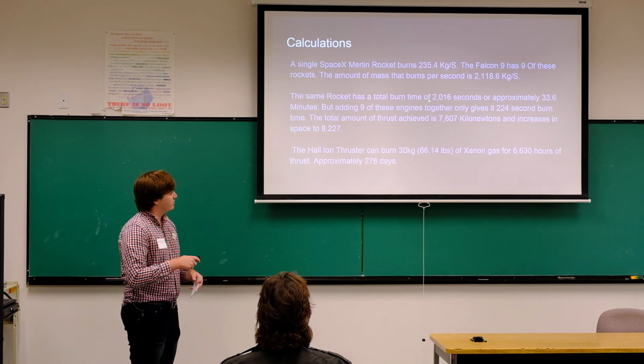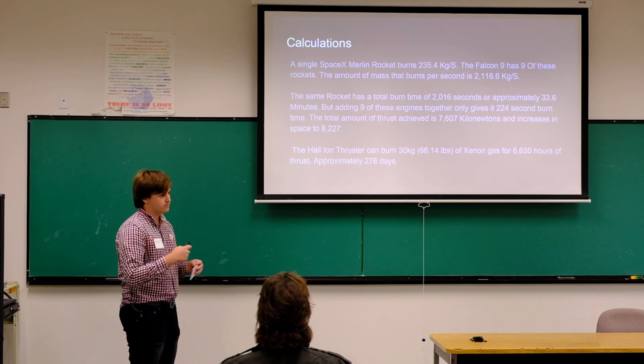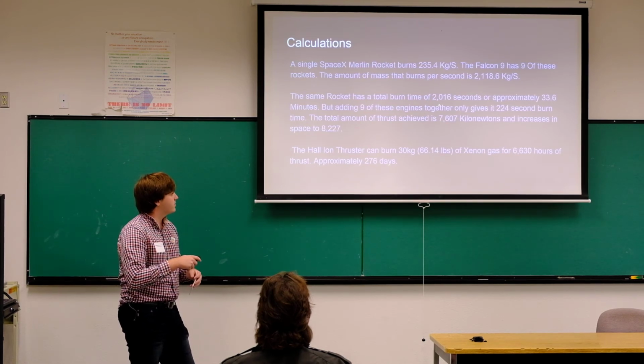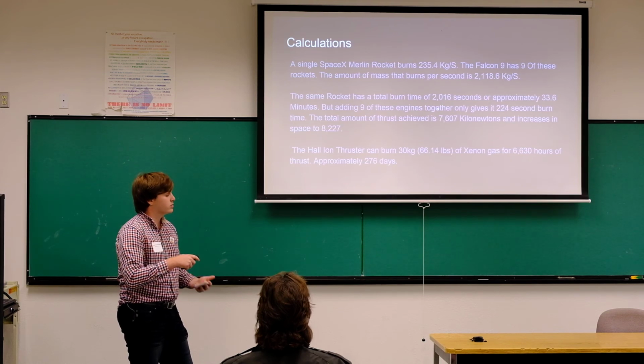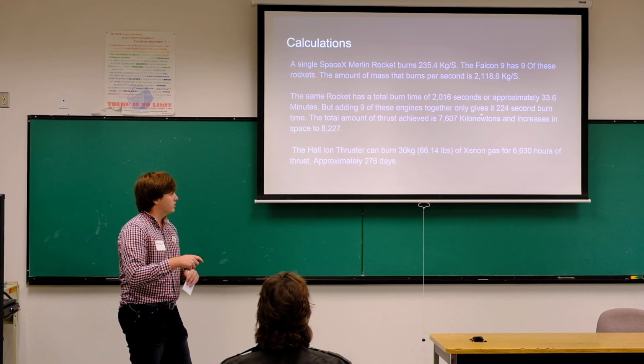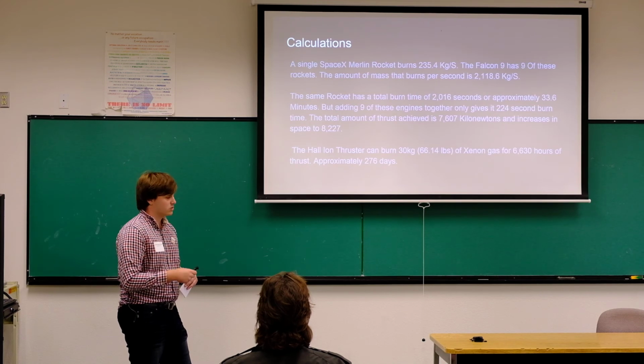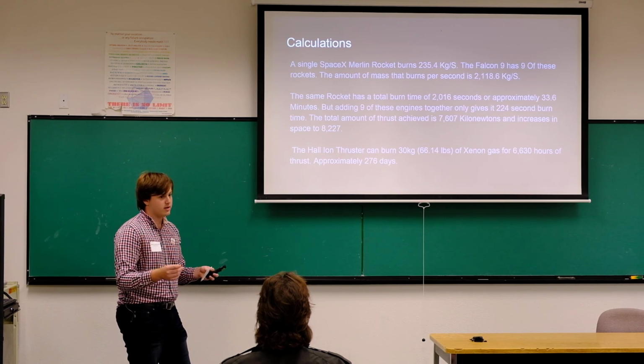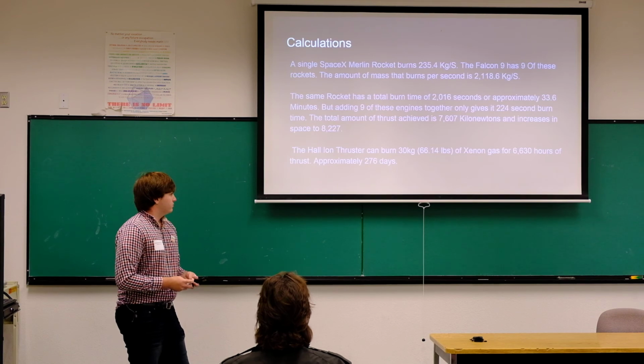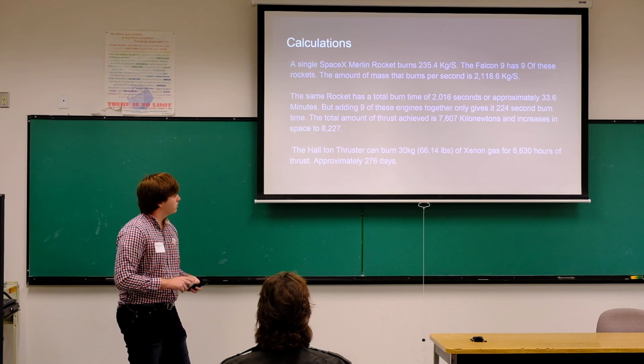A single rocket burns through that much propellant, that much mass, in 2,000 seconds. When you attach 9 of them, max burn is 224 seconds. So it goes from 33 minutes to roughly about 4. Is that right? Yeah.